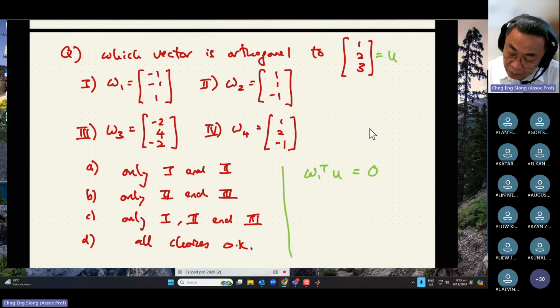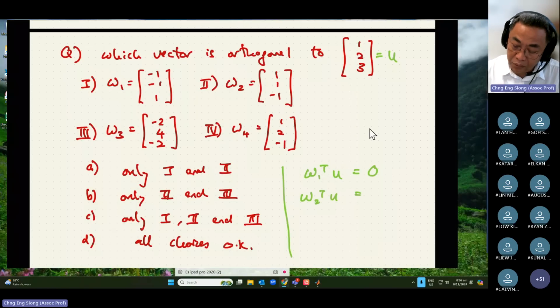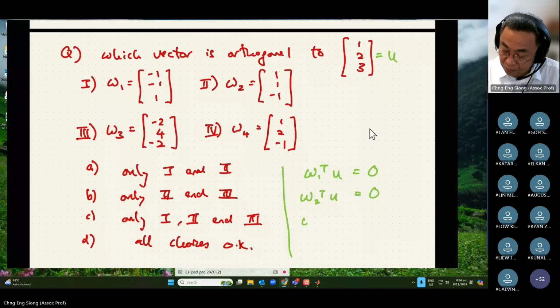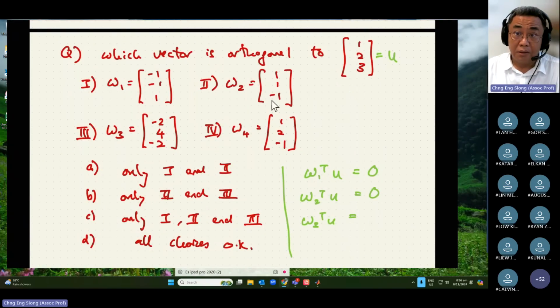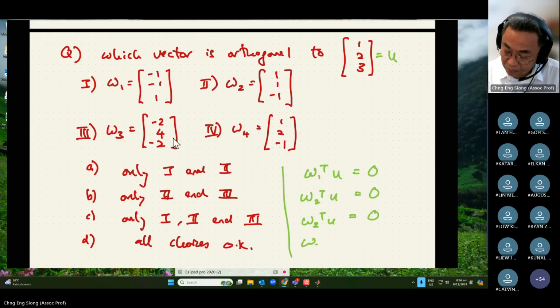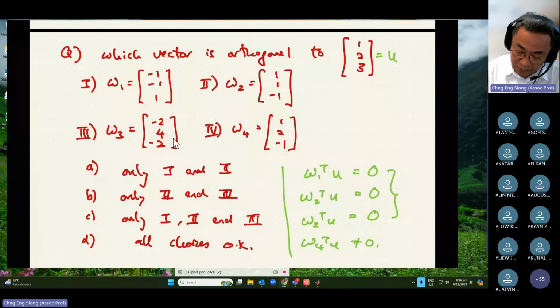And you have to work out all of them. And then you also realize that the second one is also 0. And the third one is also, right, -2, -5, -2, 6, 8, not equal to 0, right? So the only correct answer is this one.